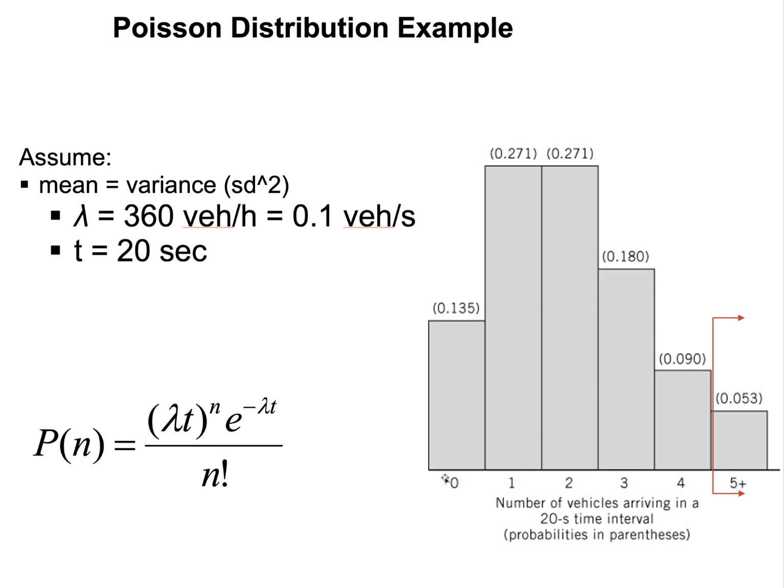The probability of 0, 1, 2, 3, and 4 vehicles arriving in a 20-second interval are shown as a bar chart. And then to the right of the red arrow is the probability of 5 or more vehicles. Obviously 20 seconds is a short time, so it's a low probability that 5 or more vehicles would arrive during that interval. So that's a quick example of a Poisson distribution.